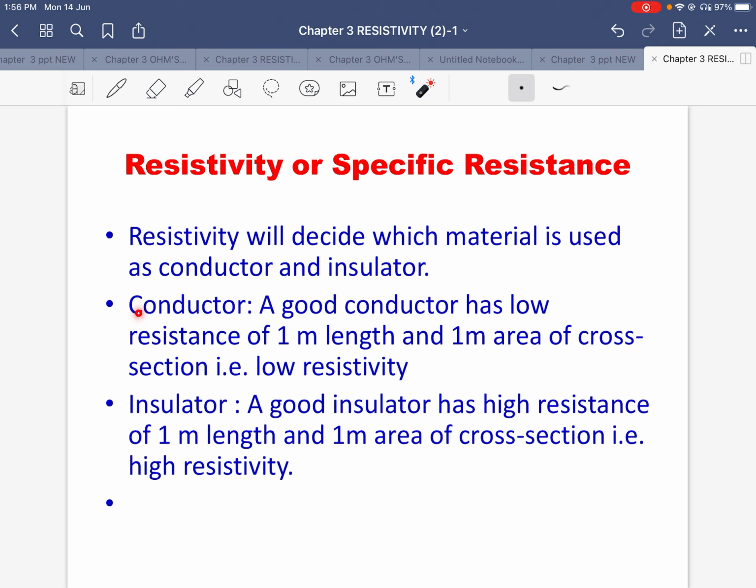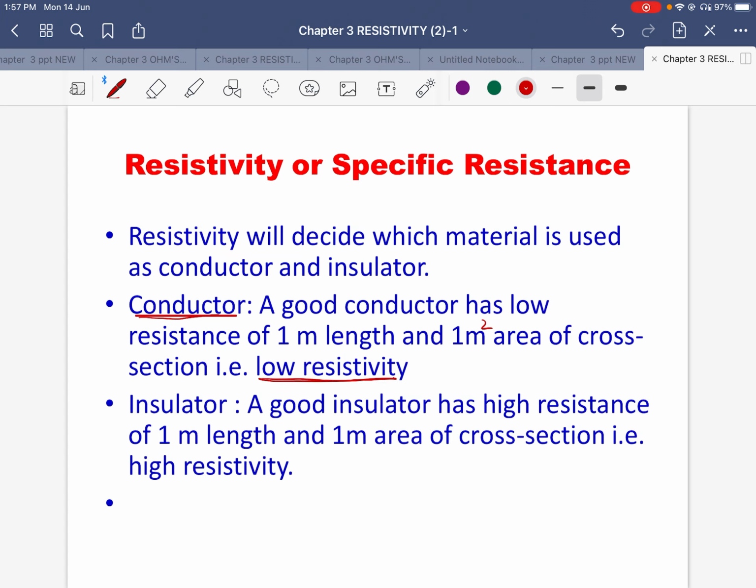Now for conductors, a good conductor has low resistance of 1 meter length and 1 meter square area of cross section, that is low resistivity. Conductor will be a good conductor whose resistivity will be low.